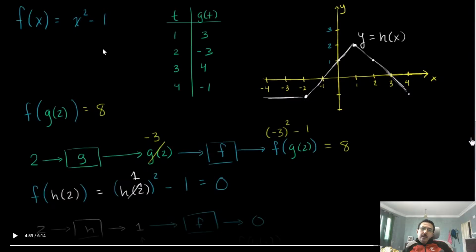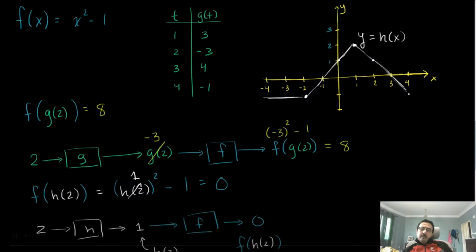So I got f of 2, that's 4 minus 1, 3. So g of 3, which is 4. That's going to be g of f of 2.